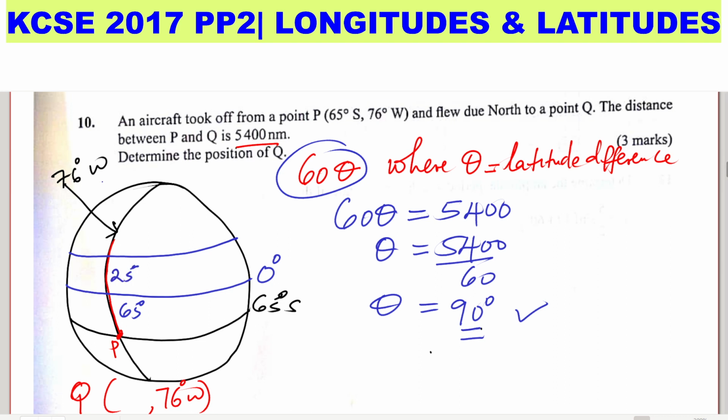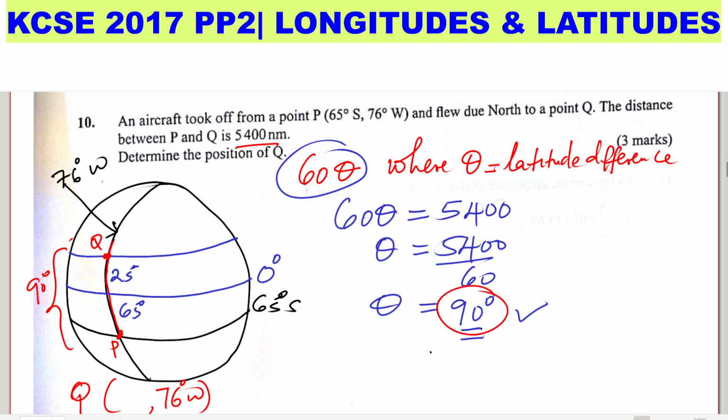So from P to Q, where Q is, assume now Q is here. You can see from P to Q, this difference is 90 degrees. From P to the equator, that is from 65 degrees south to 0 degrees, a difference of 65 degrees, and you need a difference of 90 degrees.